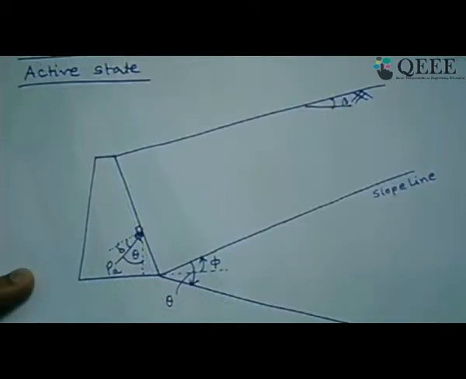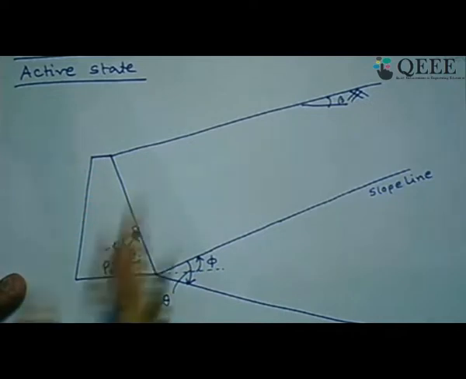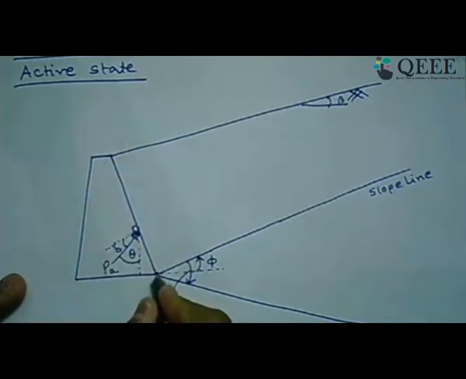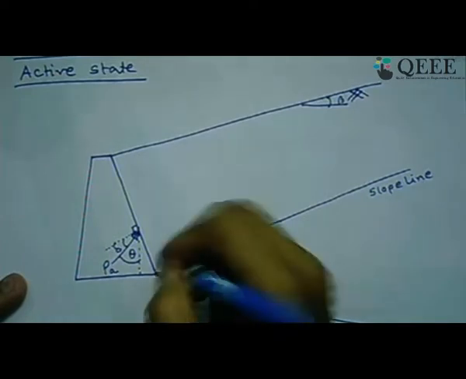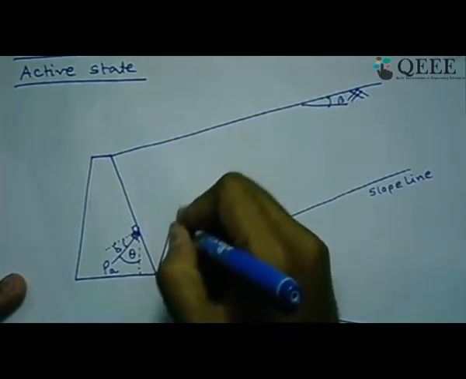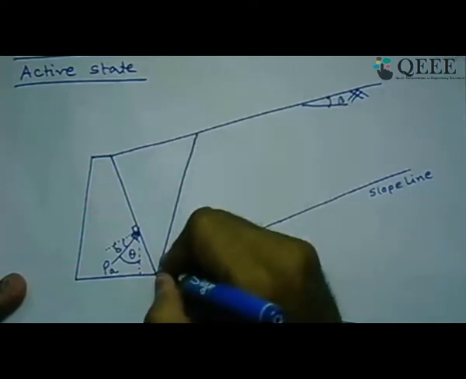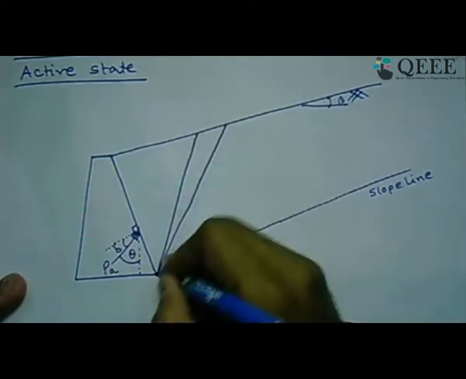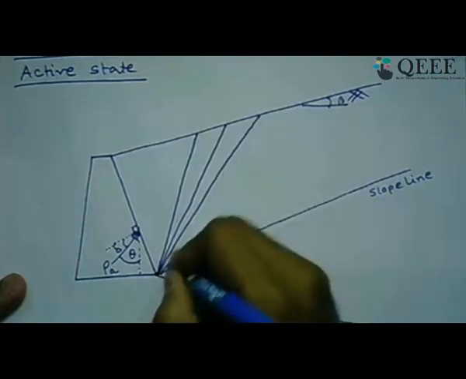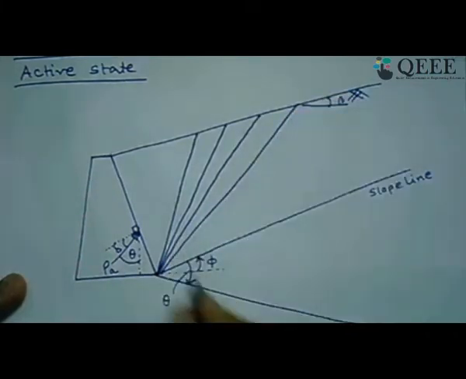Now what we do? As Coulomb's analysis says, we have to take a number of failure planes from the heel of the wall, and for each failure plane we have to find out the value of PA, and then we have to optimize it, that is, find out the maximum value of PA. Now graphically how we do it? We have to consider several failure planes like this at different values of inclination.